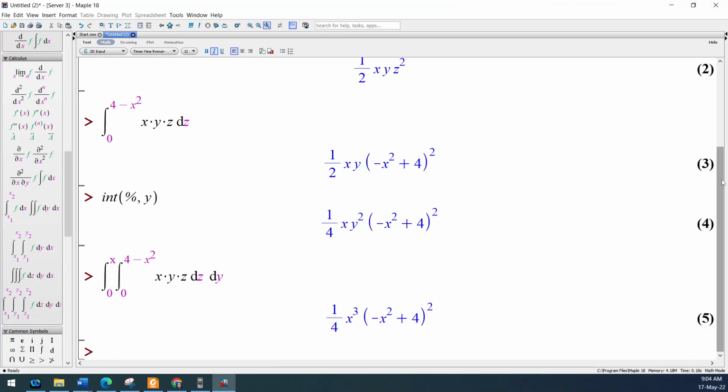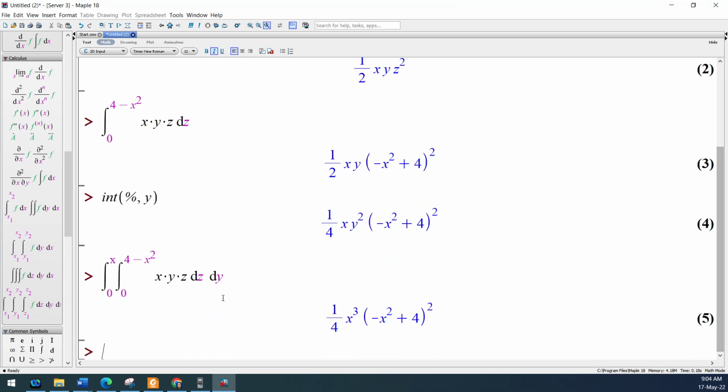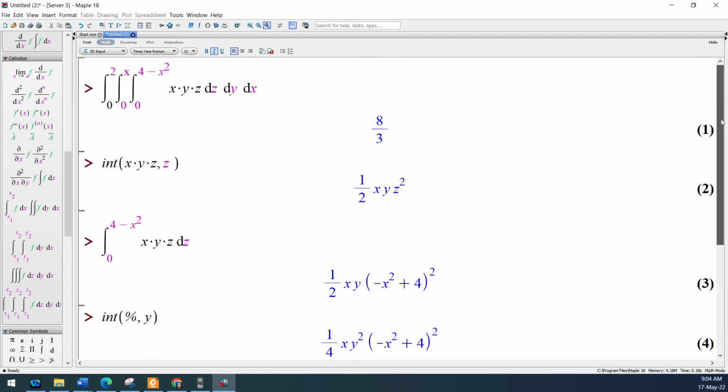And then lastly, finally, for the outer integral, you can directly use the calculator. So what I'm going to do is just integrate. Lastly, integrate the percent, meaning the latest output, with respect to x. Let's do respect to x, right?